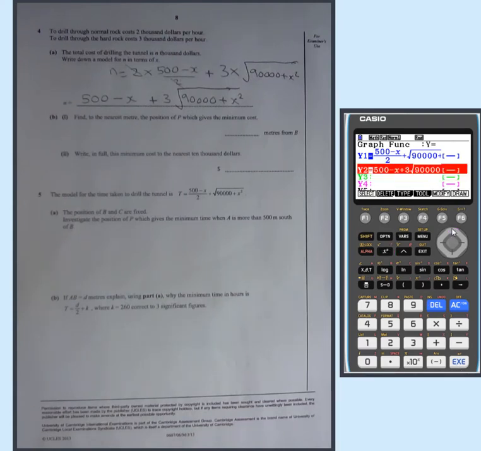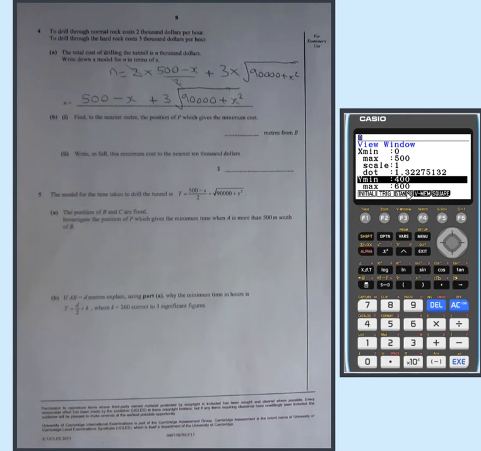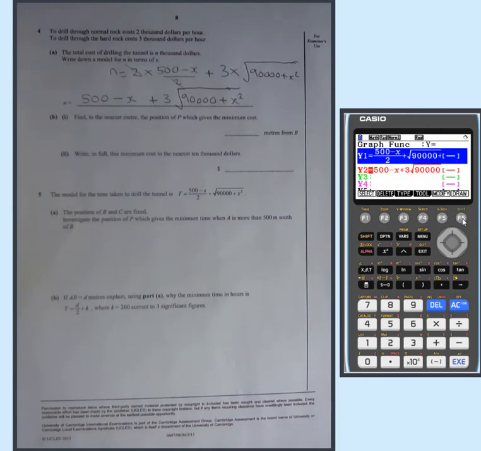That one's turned on, and I'm just going to go to this and press select, so I turn the blue one off, but I'm going to use it later. So now if we draw, I'm going to have to adjust the view window. I would imagine the x bits are probably okay, but we're certainly going to have to change the y. Let's go up to 1,000, see how it looks. Okay, let's go up to 1,500.